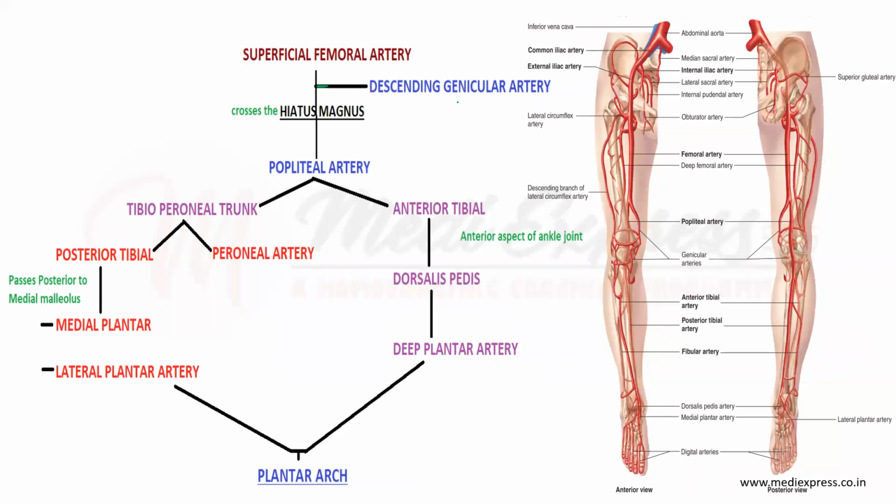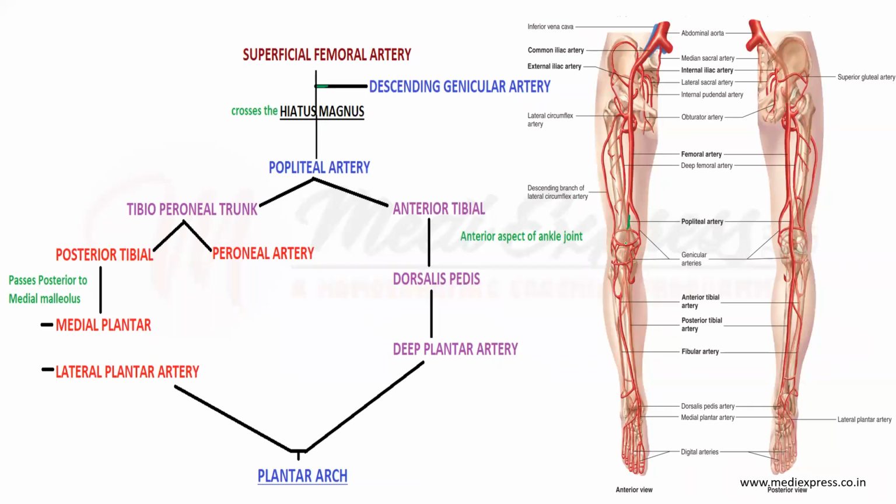Remember, it gives rise to descending genicular artery. And remember, that is before it crosses the hiatus magnus. Now, once it crosses the hiatus magnus, it comes as a popliteal artery. I hope this is clear. First one, we have a superficial femoral artery. Once it crosses the hiatus magnus, it becomes a popliteal artery.